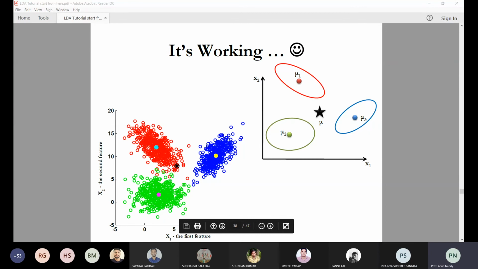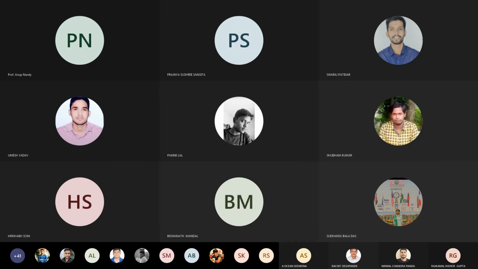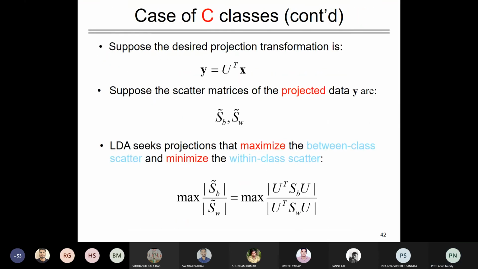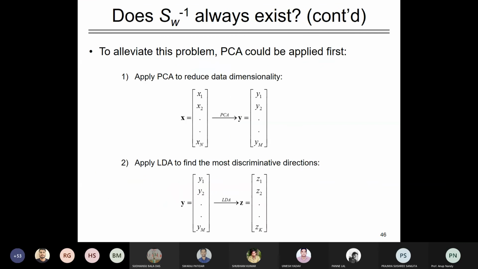You have one transformation: y equal to W transpose x.